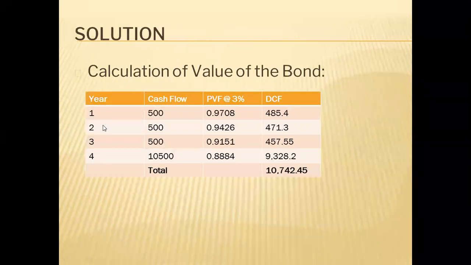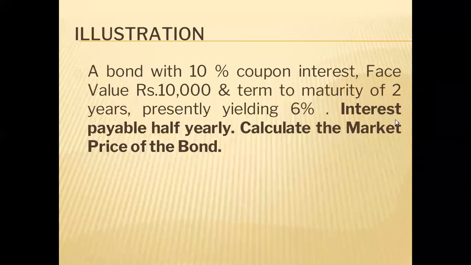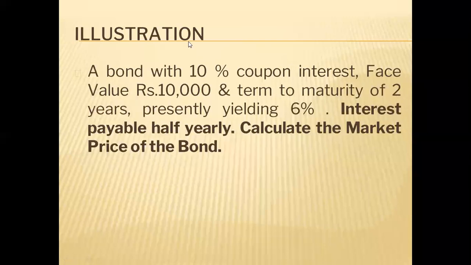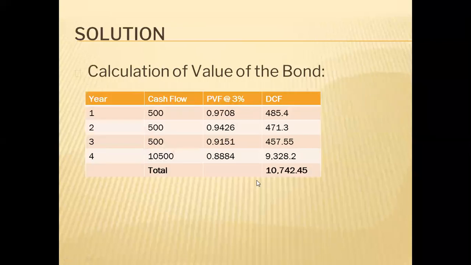See how you calculate the number of years. You have doubled: 1, 2, 3, 4. Instead of 2, we have taken 4 because it is a semi-annual case. Because in the question it is specifically told to take your interest as half yearly. So 2 we make 4, 10 we make 5, and 6 we make 3, and we calculate the value.